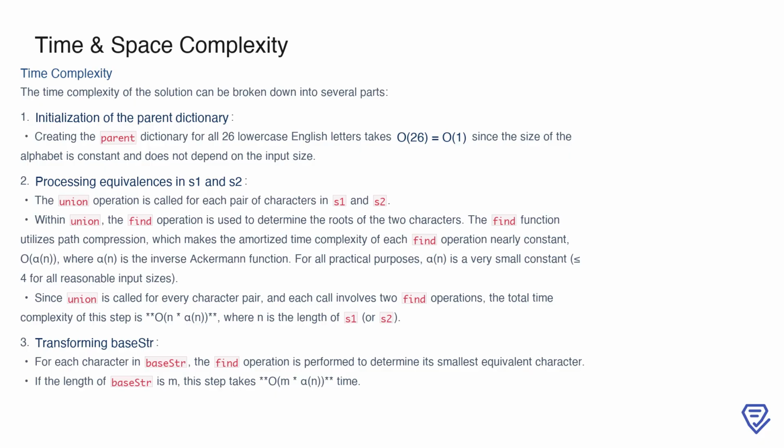Finally, we transform base str by finding the smallest equivalent character for each of its characters. If base str has a length of m, this step requires O(m * alpha(n)) time because each lookup involves a find operation. Combining these steps allows us to quantify the time complexity of our approach.